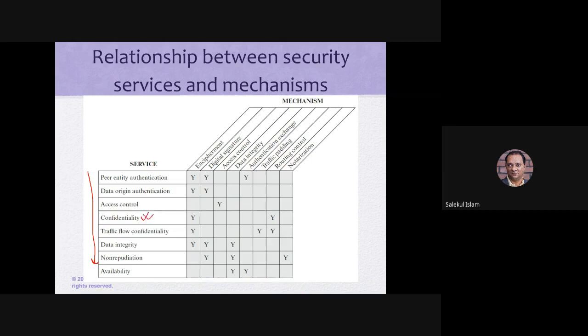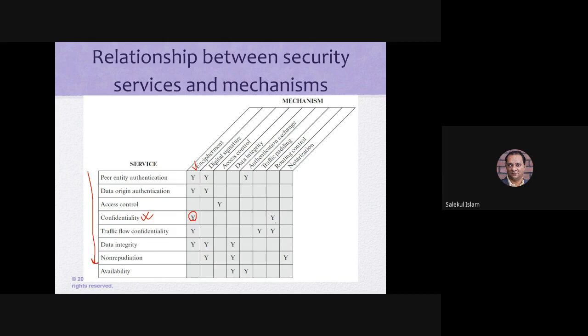For confidentiality, we need encryption or encipherment. Remember, encryption and encipherment are the same thing. That's why they have given Y here. So if you want to provide the confidentiality service, you need the encipherment mechanism.